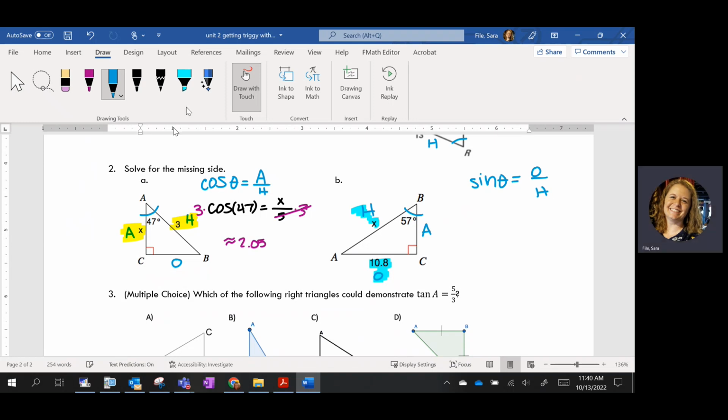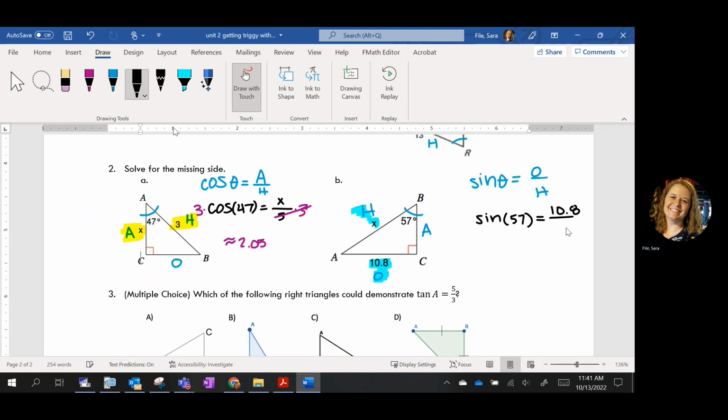Now the ones that I plug in, the angle is known again, it's 57. This time the opposite is known, it's 10.8, and the denominator is the unknown. So this one is not as straightforward in solving as the last one, because in the last one, you just multiplied the denominator over, multiplied that 3 over, and you were good.